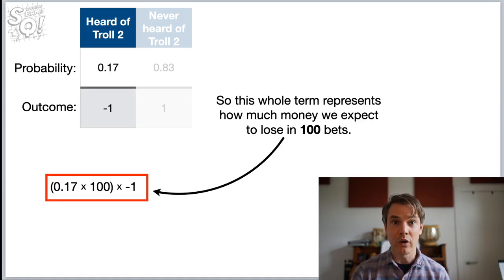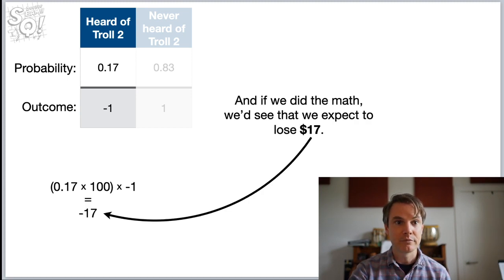So this whole term represents how much money we expect to lose in 100 bets. And if we did the math, we'd see that we expect to lose about $17. Wah, wah.